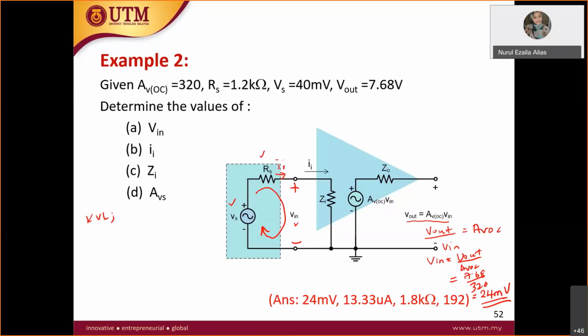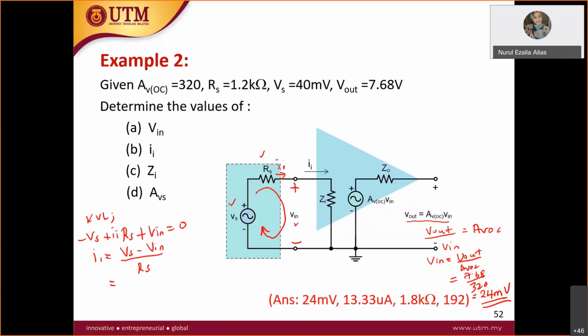So negative VS plus I in RS plus V in equal to 0. Therefore, your I in is equal to VS minus V in over RS.